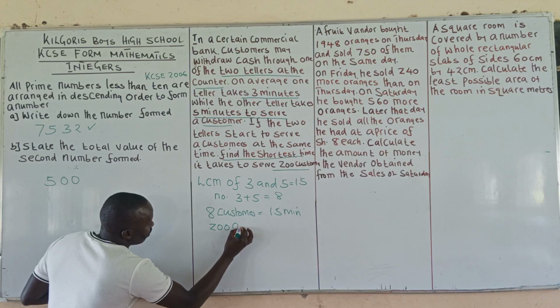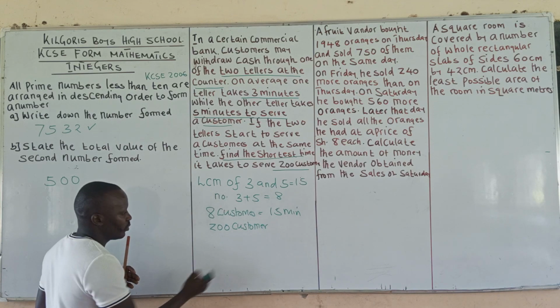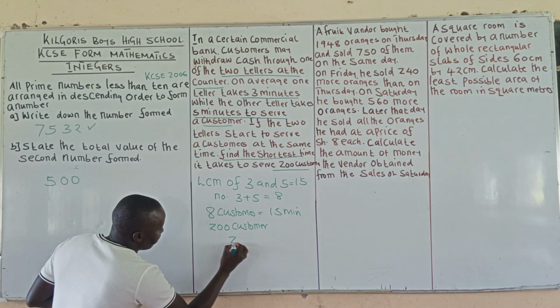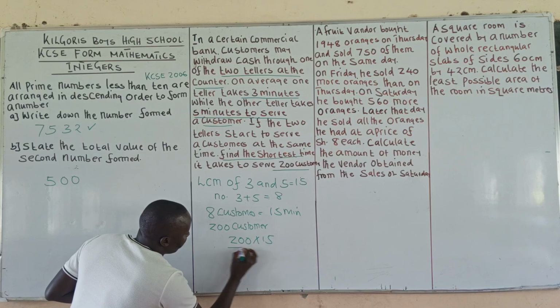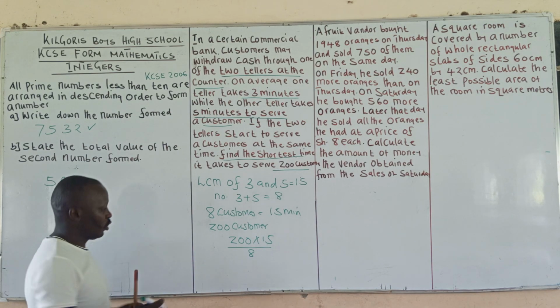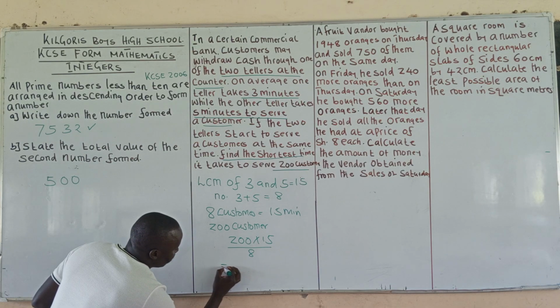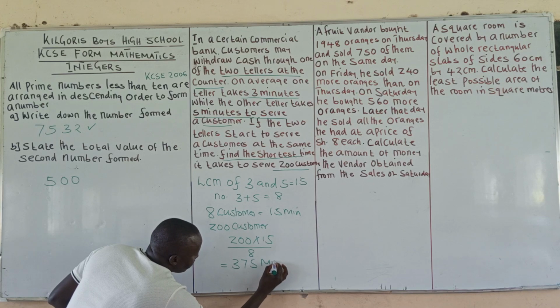To serve 200 customers, we have 200 times 15, and then you divide it by 8. This will give a total of 375 minutes.